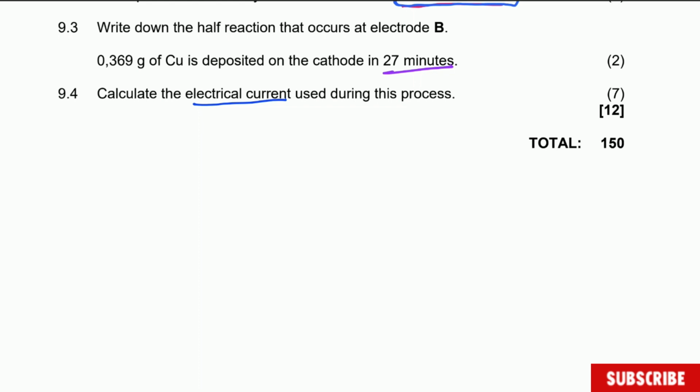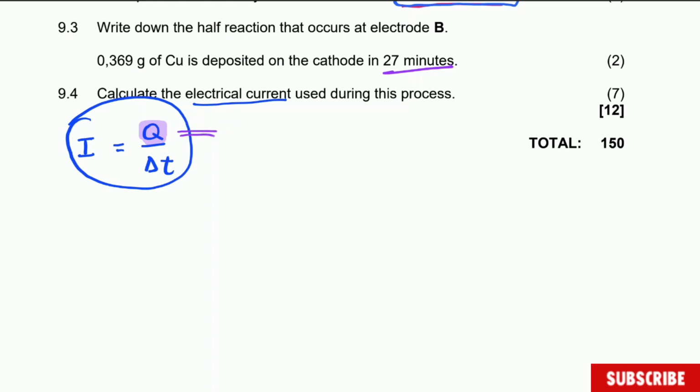This is a paper 1 formula. Electrical current is equal to the rate of flow of charge, so it's Q divided by time. This is what they actually want you to calculate. Now, we don't have the charge, so we have to calculate that charge first.